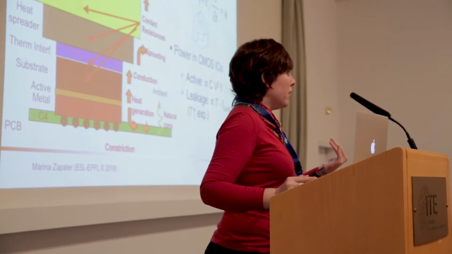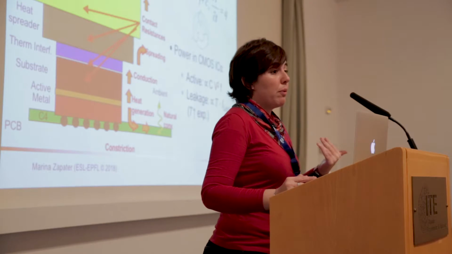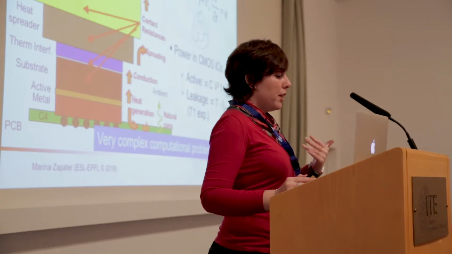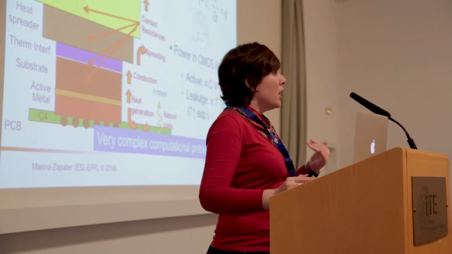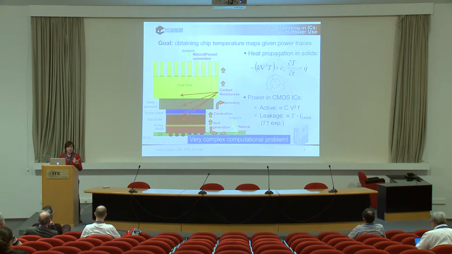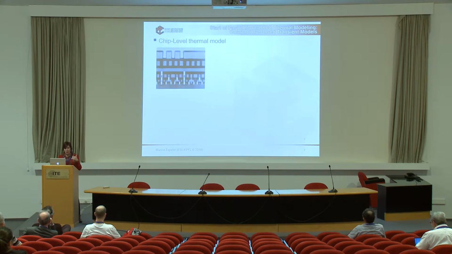The only complexity here is that if you don't do anything else rather than solving the equations, basically, it's a very complex computational problem. So as a result of this, instead of simply putting together the equations and trying to solve them, what came was the first tools that were able to do what we call compact RC-based models.